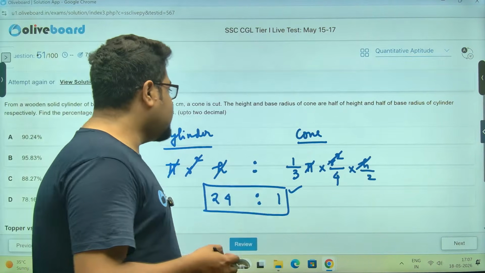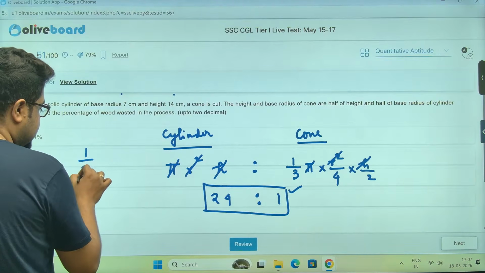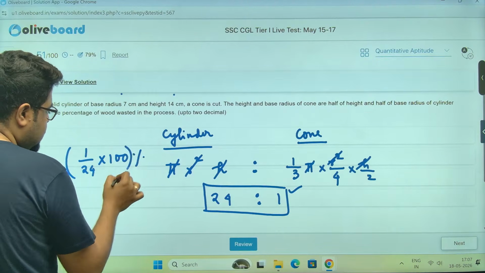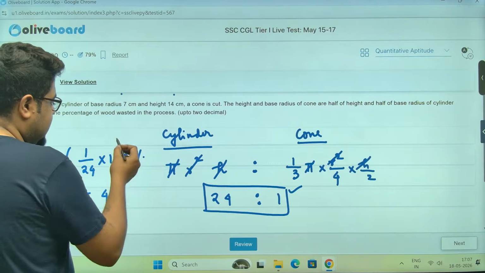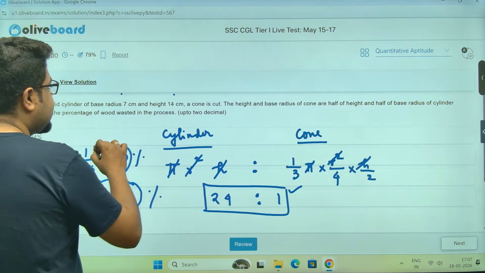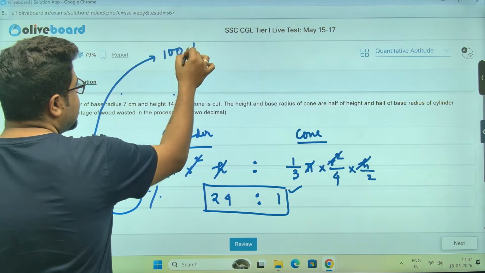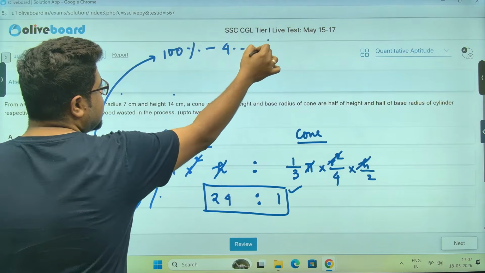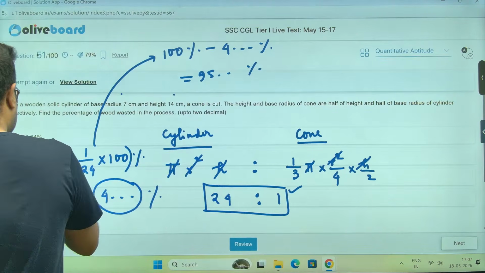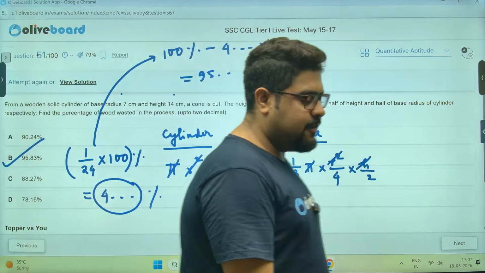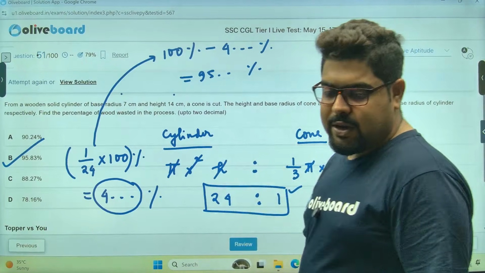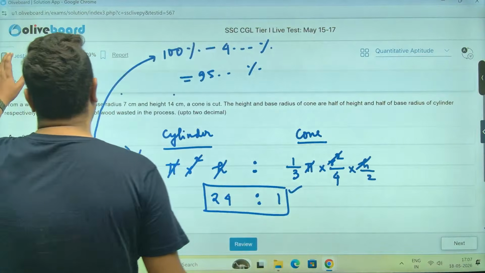So 1 by 24 parts into 100%, 24 4s are 96, so 4 point some percent is used. Wasted is 100% minus 4 point some percent, so the answer will be 95 point some percent. There is only one option with 95 point some percent, which is option B. That is the much better way to go.